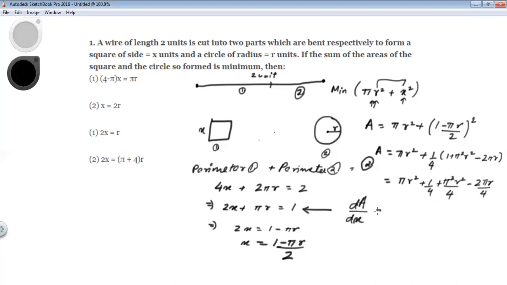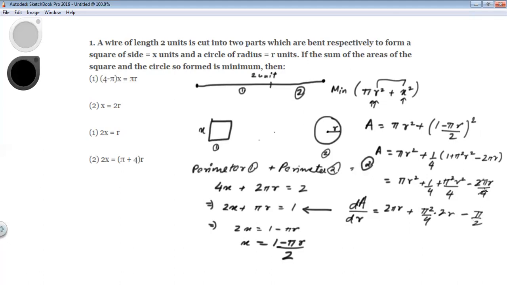So dA by dx, okay, dA by dr in this case, since we have r as our variable. So dA by dr we will get 2 pi r, plus 1 by 4 will become 0. Next we'll have pi square by 4 into 2r and minus pi by 2.